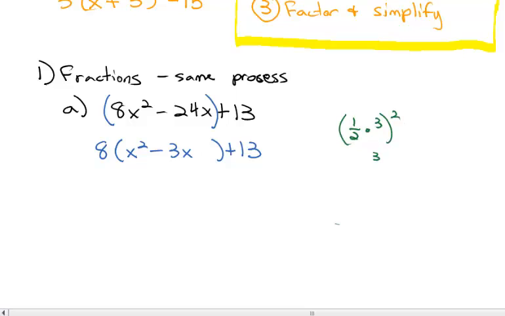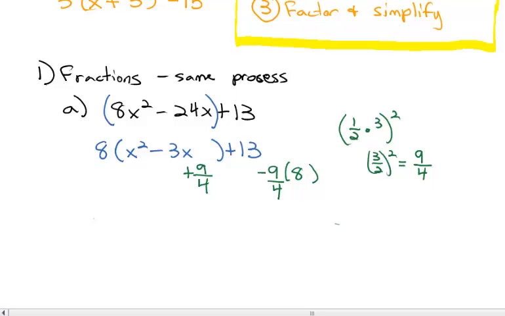Well, that's 3 halves squared, and we remember to square a fraction, we square the numerator and denominator. So that's 9/4. Fractions are okay. We're going to add 9/4 inside the parentheses and subtract 9/4 outside the parentheses times a, which is 8.